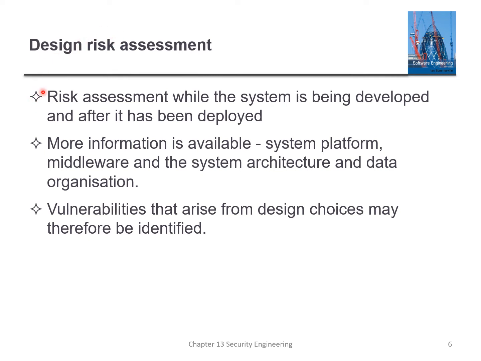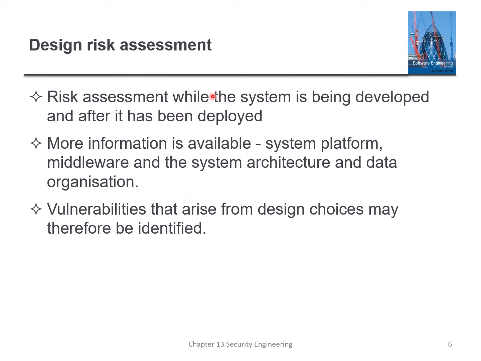Right? So there is also a risk assessment related to design. I think we have seen a risk assessment on the preliminary stage. So this is on the design stage. So this is the risk assessment done during design. Right, during this point of time, we have more information.